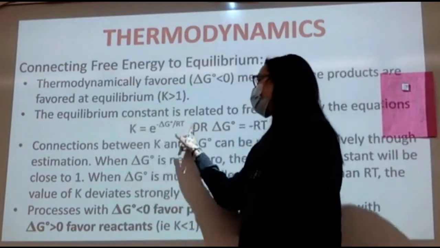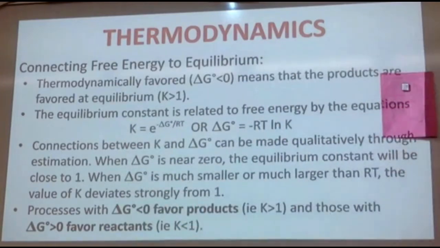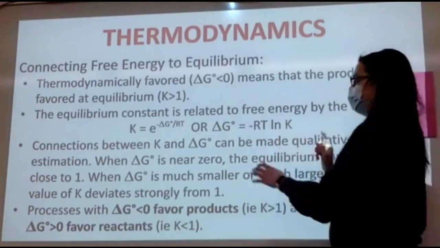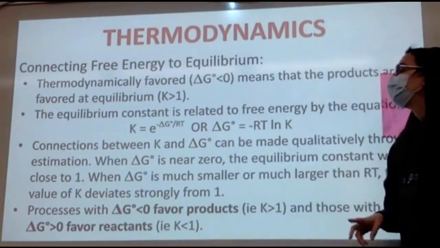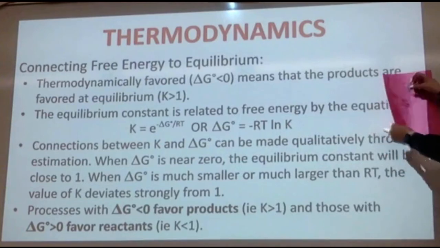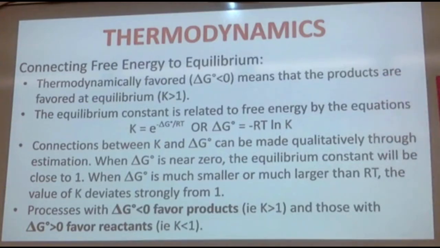So K equals e to the negative delta G over RT. That's just a manipulation of this equation. If we have delta G, we can solve for K. If we have K, we can solve for delta G.